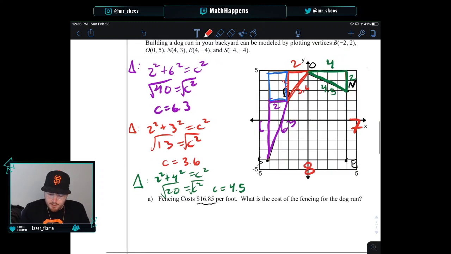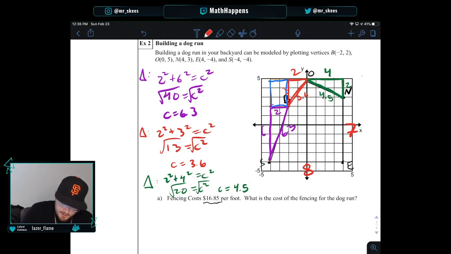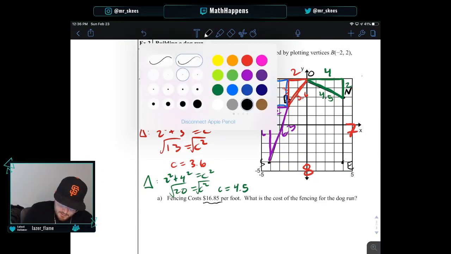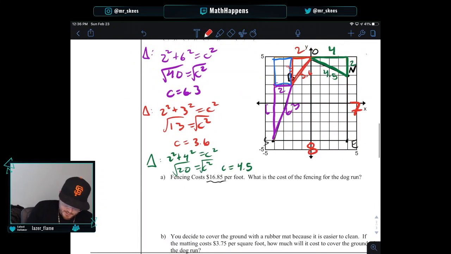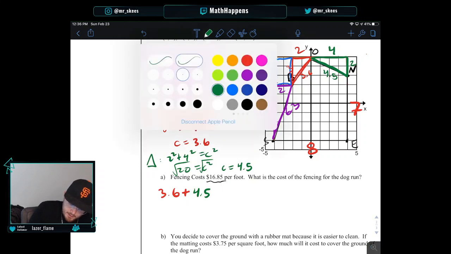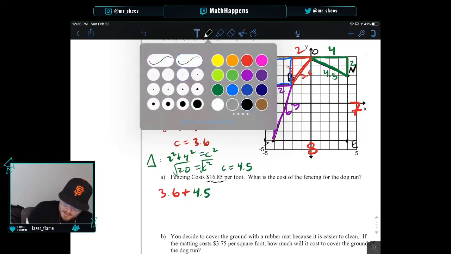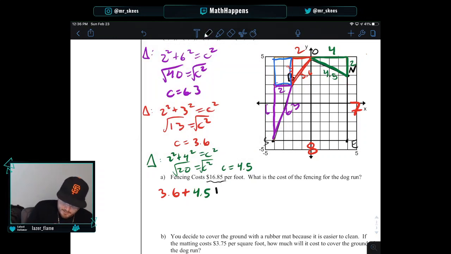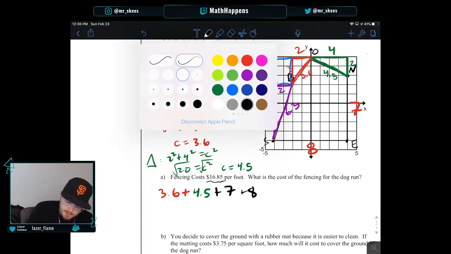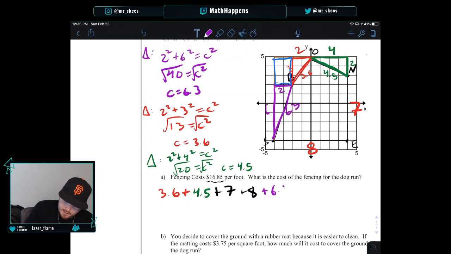We now know that the perimeter is, well, I'll use the colors here. We've got the red piece, that's 3.6 feet long, plus the green piece, that's 4.5 feet long, plus the 7 down the side, plus the 8 across the bottom, plus the 6.3 back up.